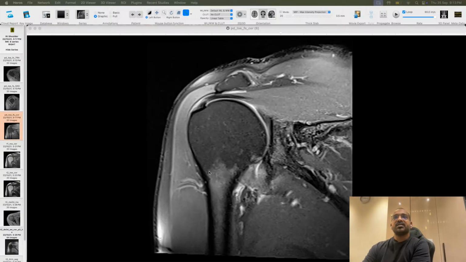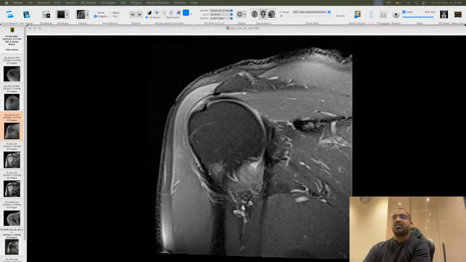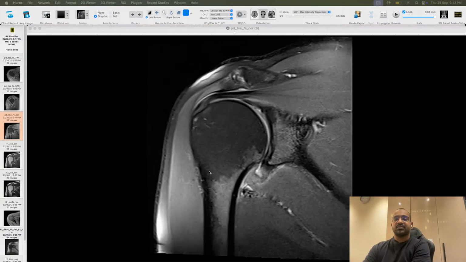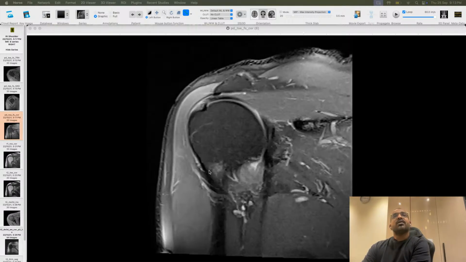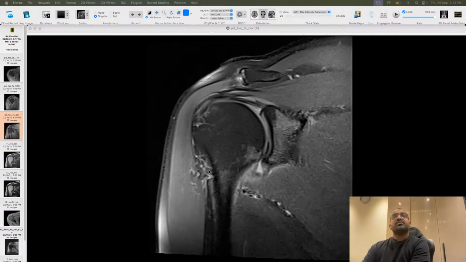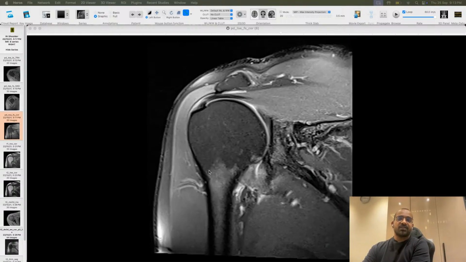Any other thing I'm missing, or are most of the things covered? Yes, Snigdha is right, she says frozen shoulder or adhesive capsulitis. Any other pathology I'm missing?